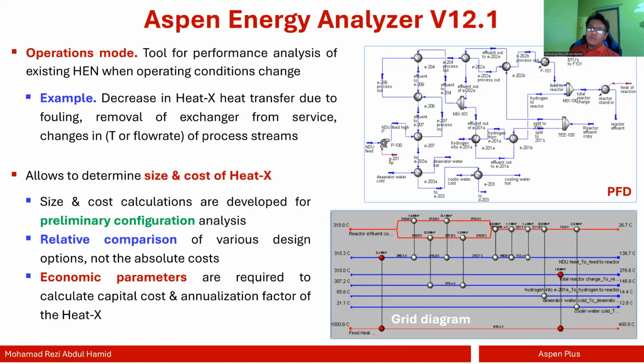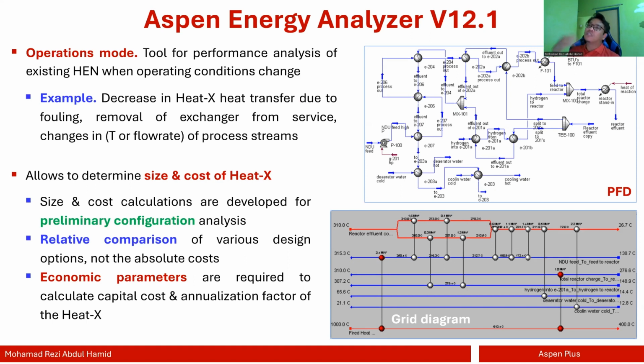As I told you earlier, the first mode is design mode. The second mode is basically operation mode. What it means is, let's say you have your heat exchanger network, and you want to figure out the actual performance of your network compared to the ideal one, in the case where you have fouling issues, or when one heat exchanger is removed and so on.